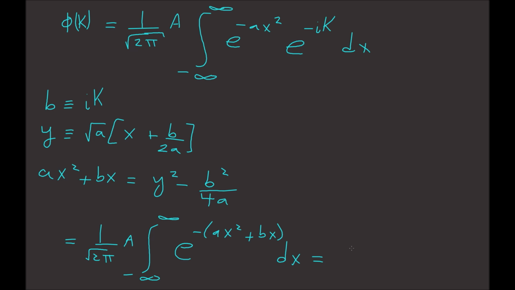And that's the same as 1 divided by square root of 2 pi times A times the integral from negative infinity to infinity of e to the minus y squared plus b squared divided by 4a, times 1 divided by square root of a dy. This 1 divided by square root of a came from the dy.